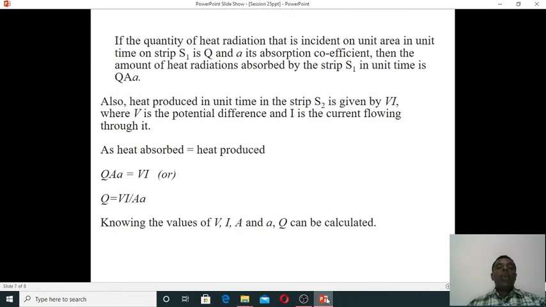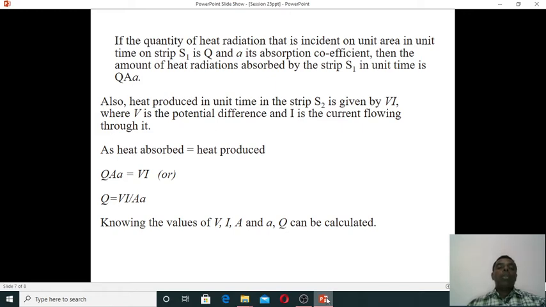Then if the quantity of heat radiation incident on a unit area in unit time on strip S1 is Q and a is the absorption coefficient, then the amount of heat radiation absorbed by the strip S1 in unit time is QAa. Also the heat produced in unit time in strip S2 is given by V into I, where V is the potential difference and I is the current flowing through it.